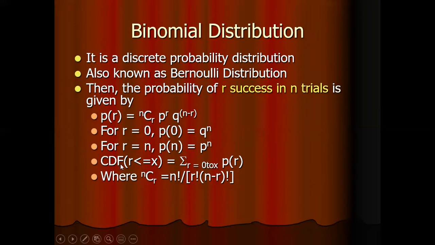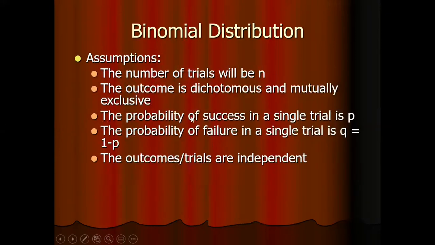And for cumulative density function, for r less than or equal to x is the summation of all the probabilities of r between 0 and x. And the nCr stands for r combinations of n. There are certain assumptions for binomial distribution, and these are that the number of trials will be n, and the outcome is dichotomous.